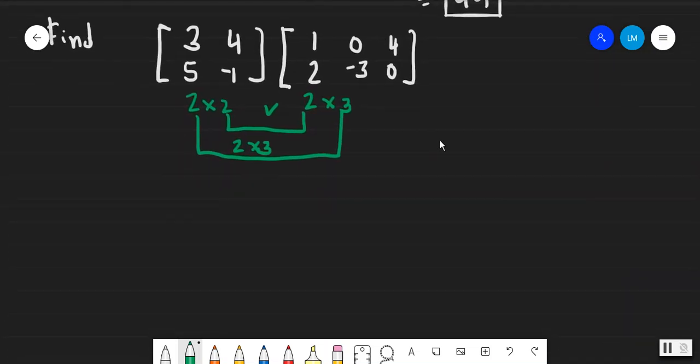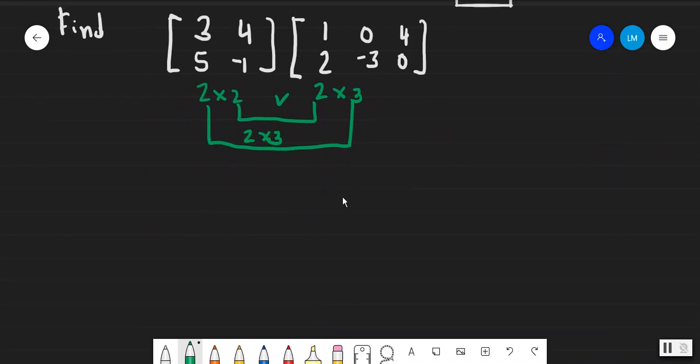Well, it has to be done by row by column. So the way that I normally do this is that I say, well, I have the first row that I need to take care of, and I need to multiply it by each corresponding column. So that's going to be 3 times 1 plus 4 times 2.